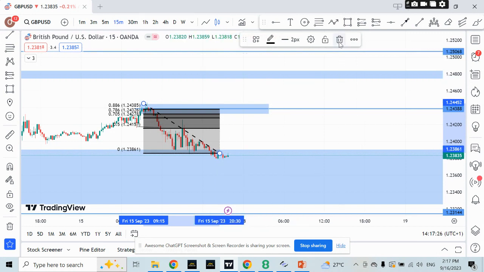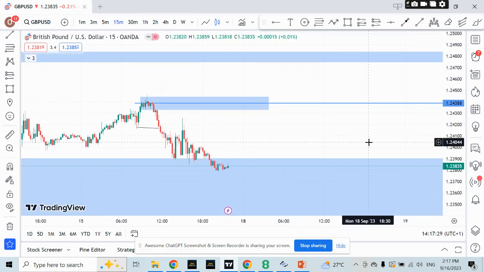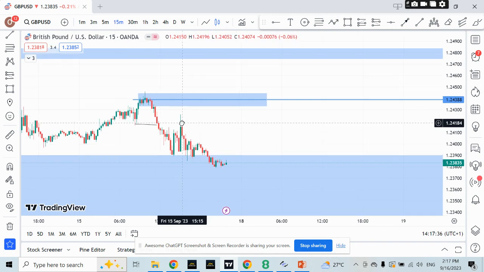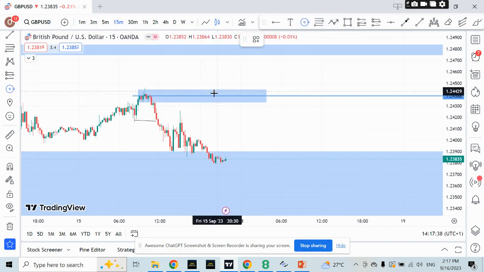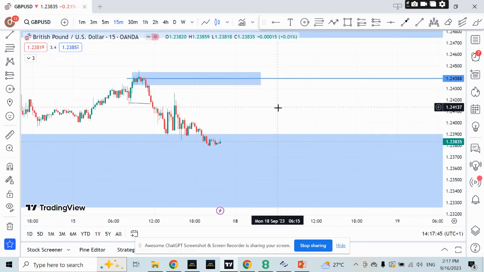So we might not see price coming right up there. And we have this other zone here. Now look at something.